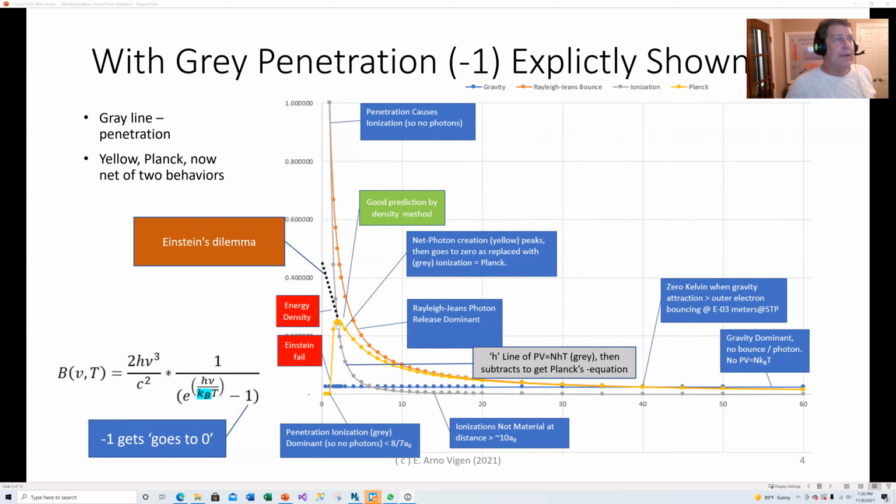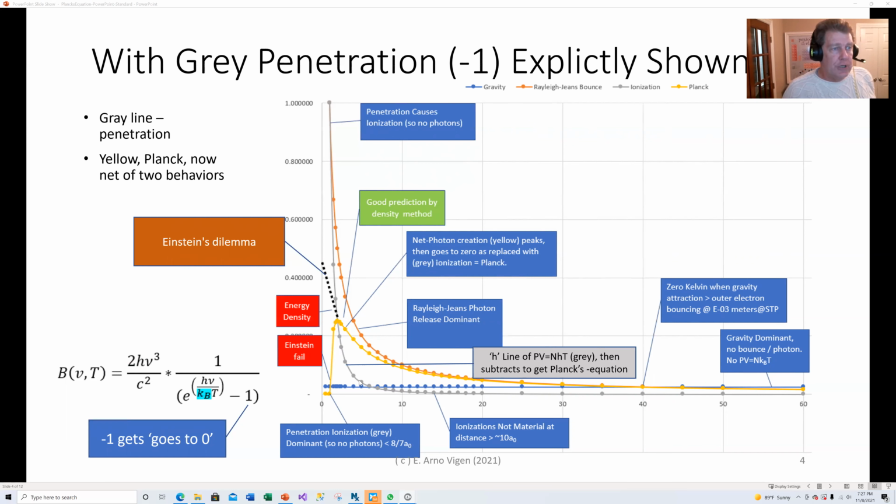And what I've added is this gray line, and that is the idea of a balance, PV equals hv, and that's the subtraction that we get in the last screen. So the fail happens, but really that means this curve is minus that one.